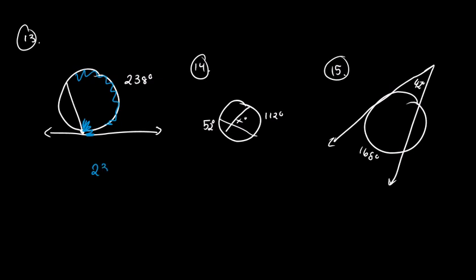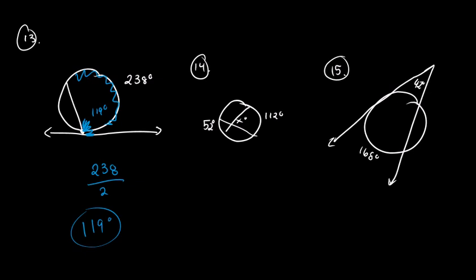So I would take 238 divided by 2. 200 divided by 2 is 100. 38 divided by 2, well, 30 divided by 2 gives me 15, and 8 divided by 2 is 4, so 15 and 4 is 19. 119 degrees for this angle, and that does make sense. It is over 90. 90 degrees would be right about there, so it should make sense that that is 119 degrees.